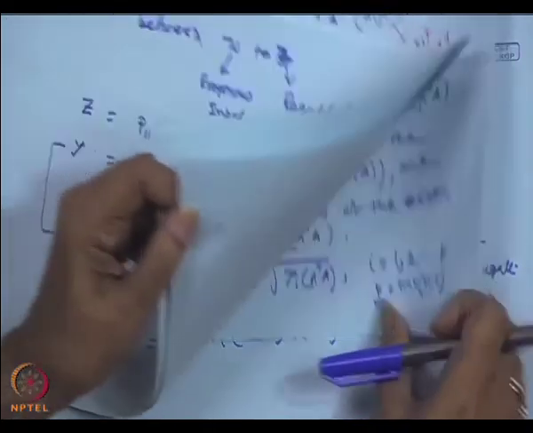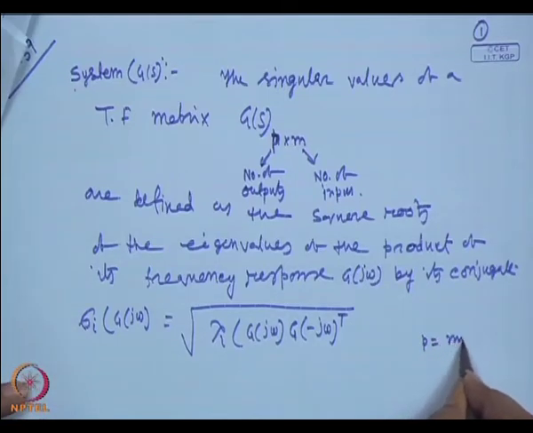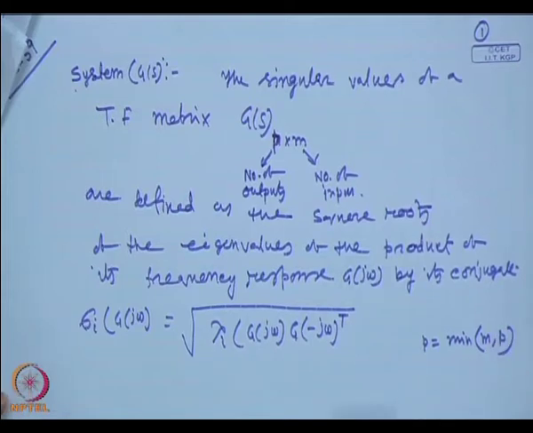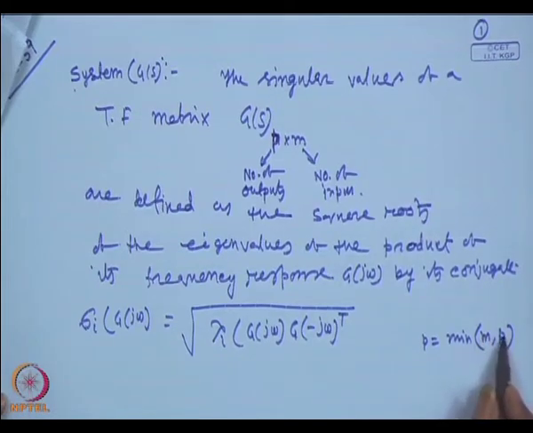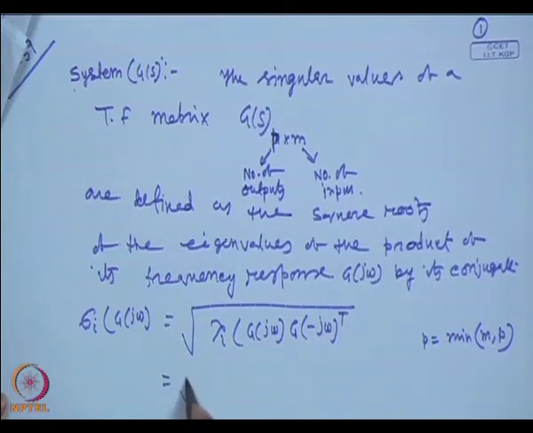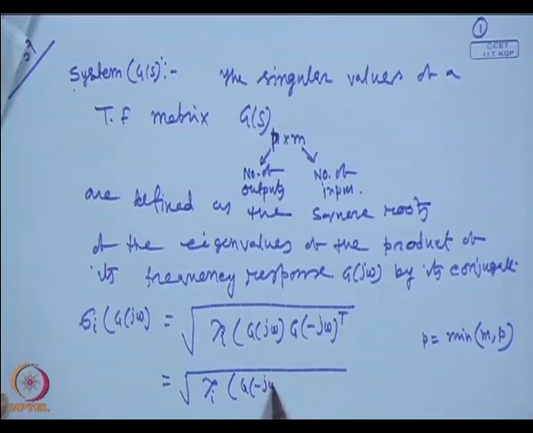In our case it will be the minimum of m and p, where m is the number of inputs and p is the number of outputs. Or one can write it as lambda i of G of minus j omega transpose times G of j omega.